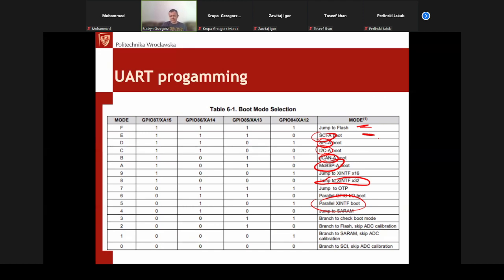But even if we are using SWD or JTAG, which are separate pins, we still need to find this table and localize how to make the processor run from flash, and especially which pins are to be set appropriately. So from a practical point of view, we need to find in this table which GPIOs should be configured in which way during reset. After the reset, those pins become general purpose IO.